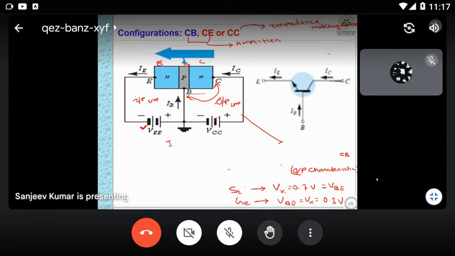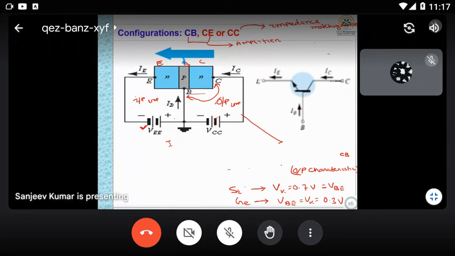For the input characteristic, you see the behavior of current IE against the supply voltage you have given. Similarly, in the output, you see your supply voltage and your output current. Based upon that, they are called input and output characteristics.